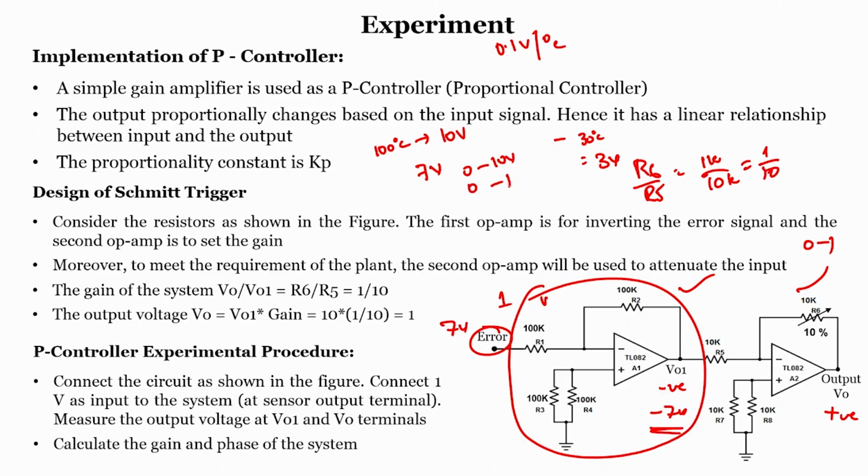In order to do that, the gain should be 1 by 10. That is the reason we are using another op amp, A2, which has a gain of 1 by 10, so that at 100 degrees centigrade it will provide the maximum input voltage that can be provided to the plant, which is 1 volt.